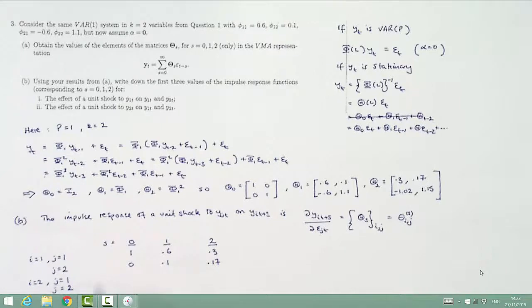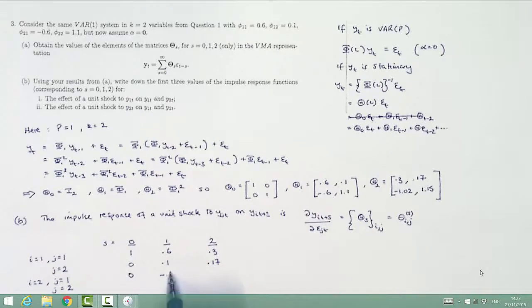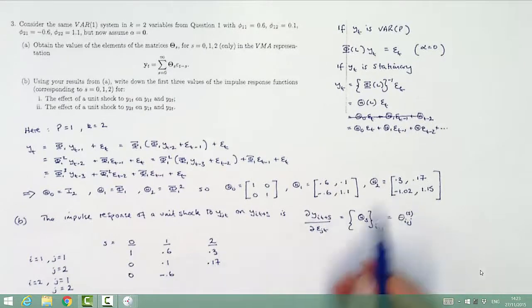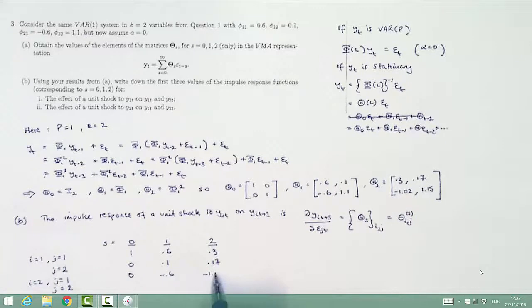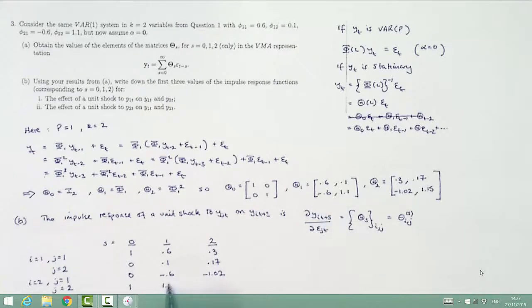Then with i equal 2 and j equal 1, we need the 2,1 element of Θ_0 here, which is 0, the 2,1 element of Θ_1, which is minus 0.6, and the 2,1 element of Θ_2, minus 1.02. And then finally, for j equals 2, i equals 2, it's going to be 1, 1.1, and 1.15.